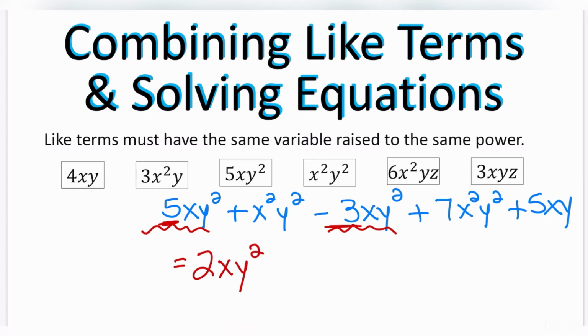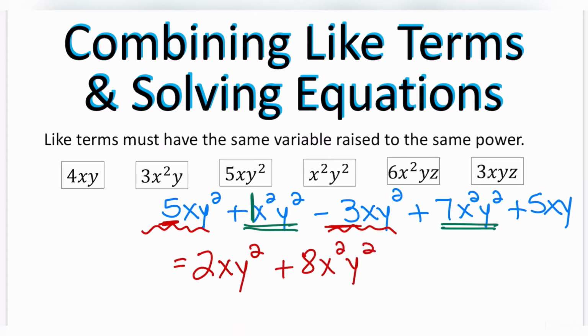What else are like terms? If you said x squared y squared and 7x squared y squared, you are correct. And if you remember, there is a coefficient of 1 in front of the x squared y squared. So here, 1 plus 7 is going to give me 8, and then I write x squared y squared.